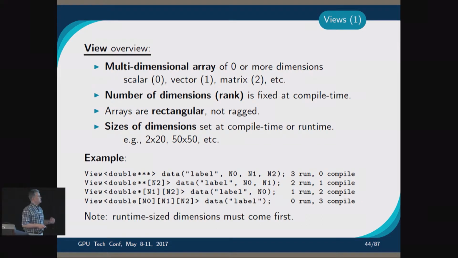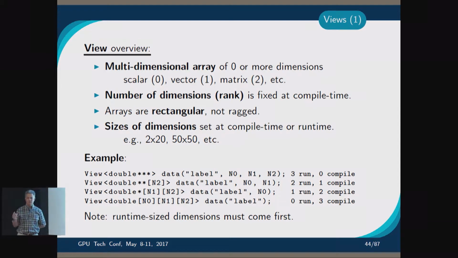So just some examples. This is a view which is a three-dimensional array where you have 3 dimensions that are going to be provided at runtime as opposed to compile time. So you give them as arguments, you construct this thing, you give it a label.